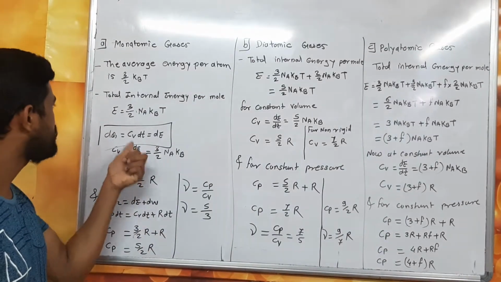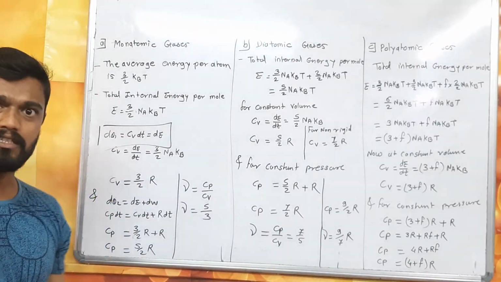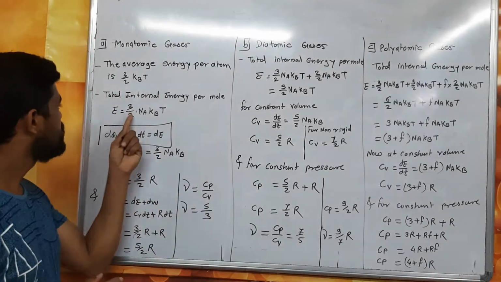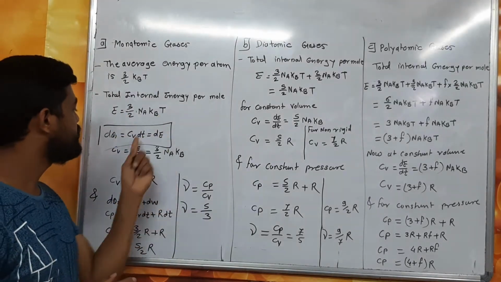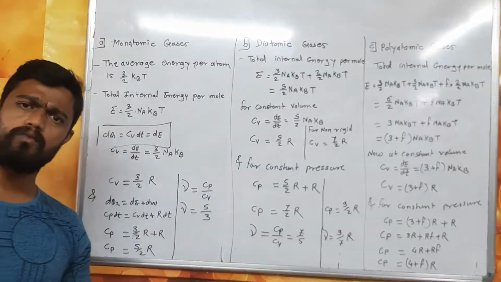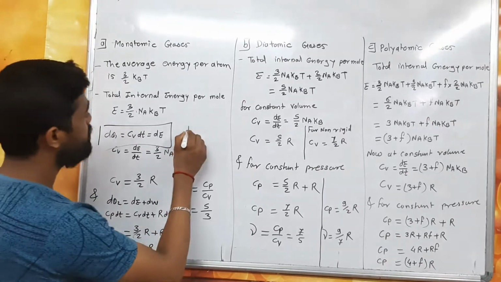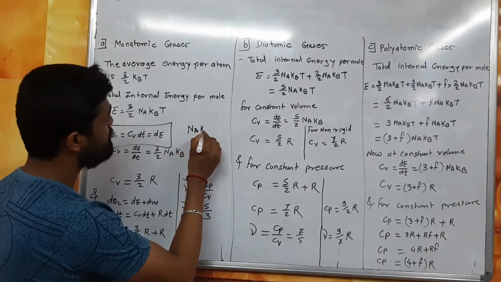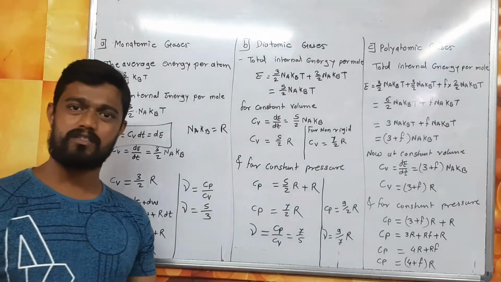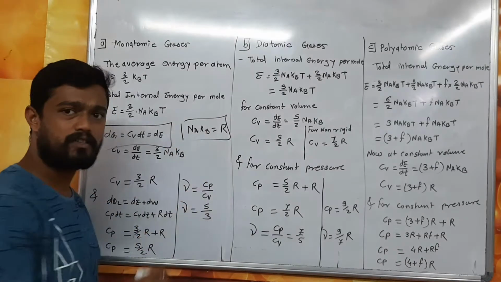Now I differentiate the total internal energy. I got 3 by 2 N kB dT, and dT will be cancelled. So I got 3 by 2 Na kB, and Na kB is equal to R, the universal gas constant, capital R, which we discussed in the first lecture.